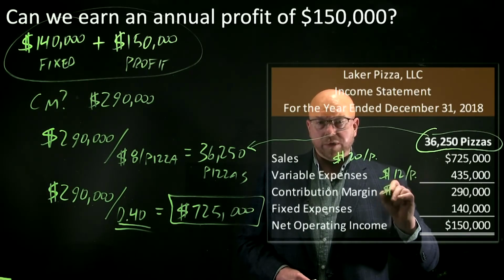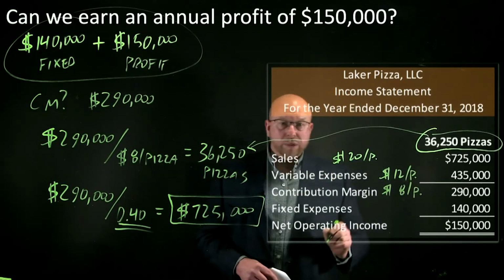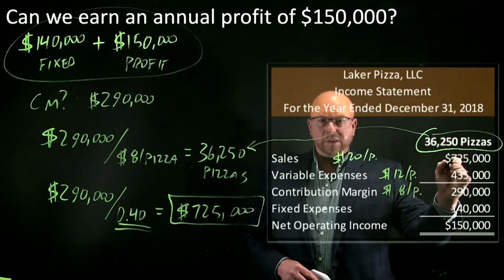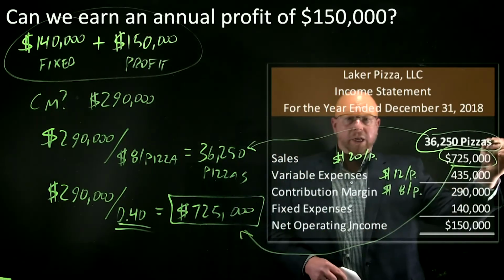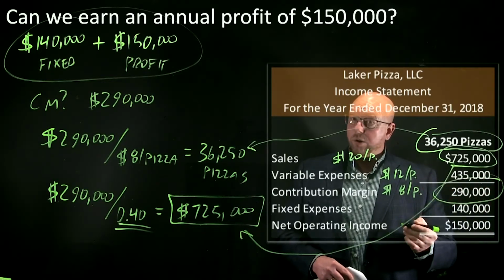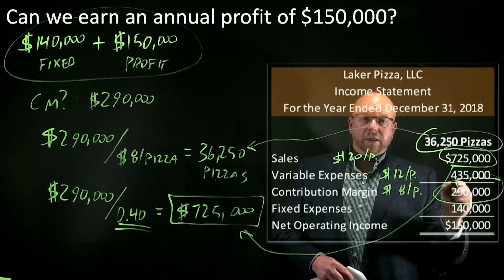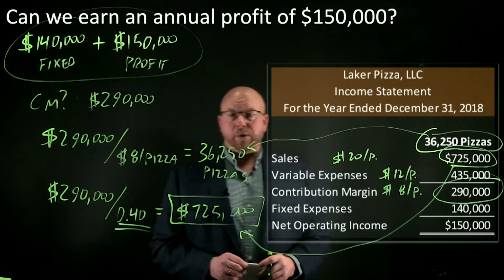We've been working with this $8 per pizza quite a bit over here. We would generate $725,000 in sales revenue, which you'll note does match this calculation right here. And we would generate contribution margin of $290,000. That was the goal that we set up. And $290,000 minus $140,000 gives us that $150,000 of operating income.